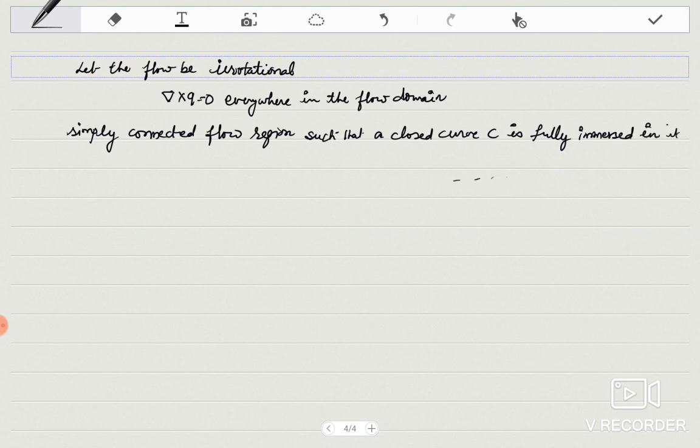Like this is the flow region, and in this flow region you consider a closed curve C. You may write this part from O to P as C1 in this direction, and O to P in this direction as C2. S is the simply connected region.